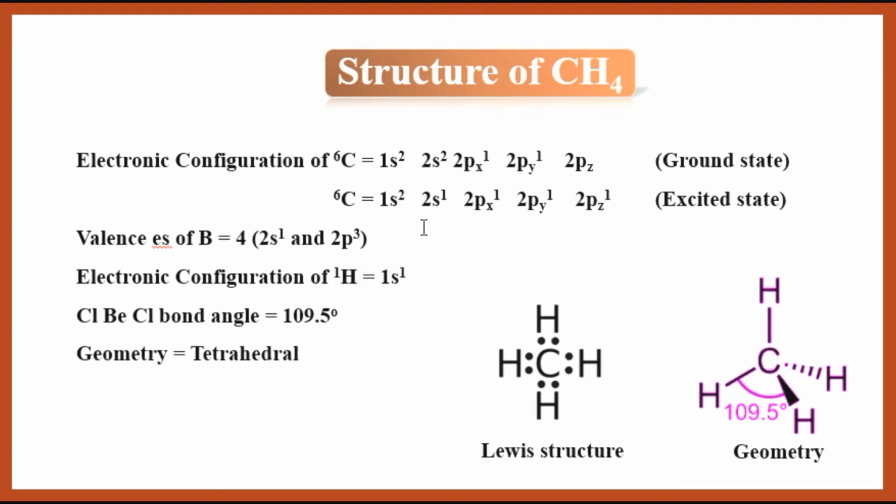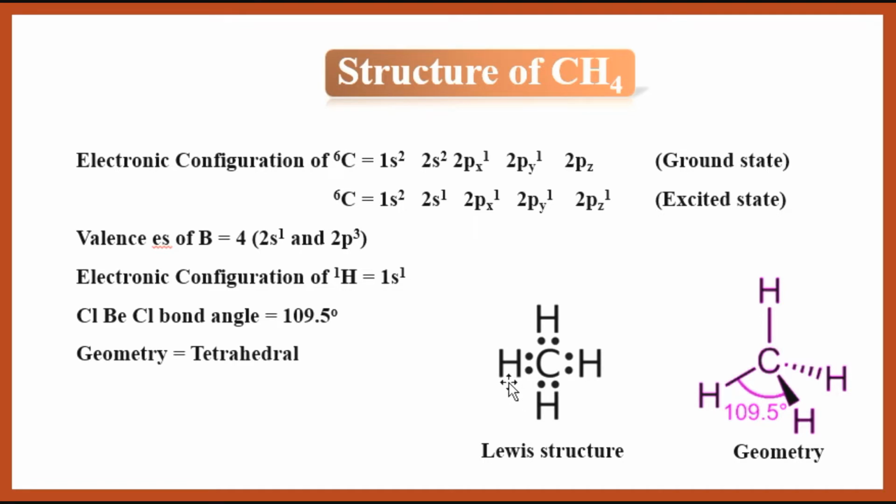Hence, these 4 valence electrons in the 4 orbitals pair up or overlap with the 4 hydrogen atoms, or with the 1s orbital of the hydrogen.